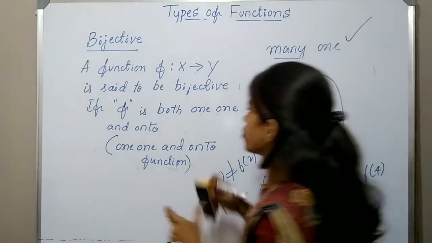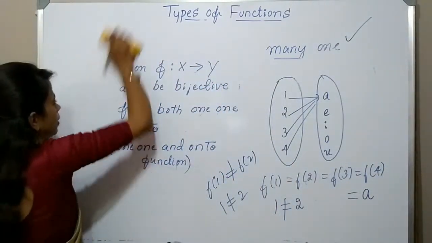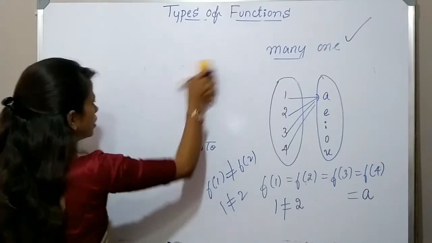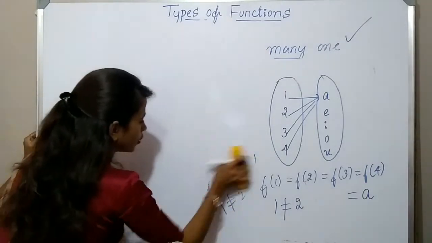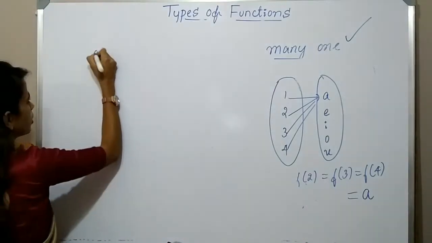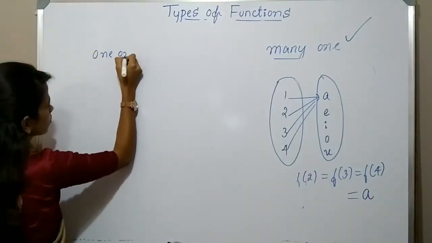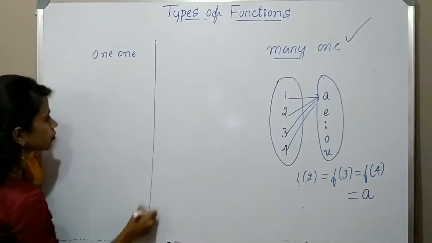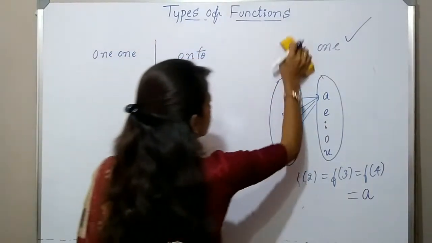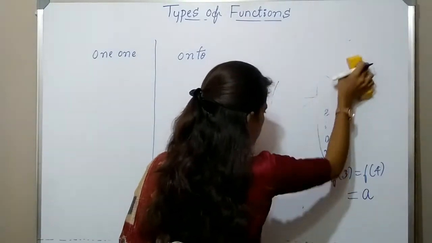Okay. So here I am taking all together, OneOne, OneTwo and bijective.